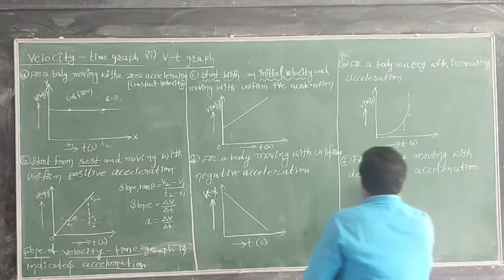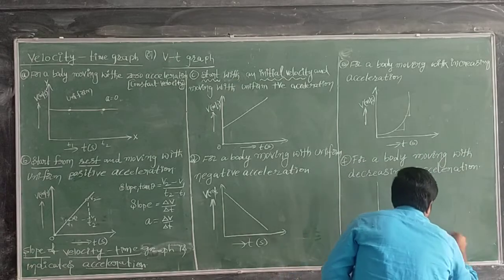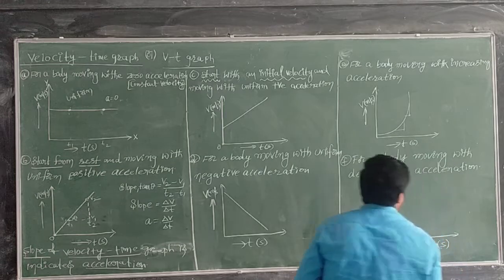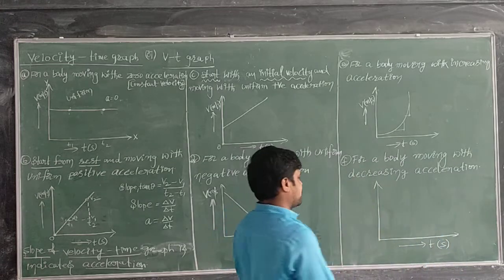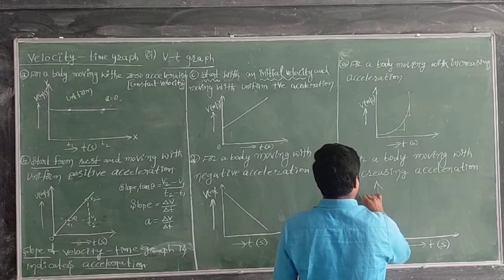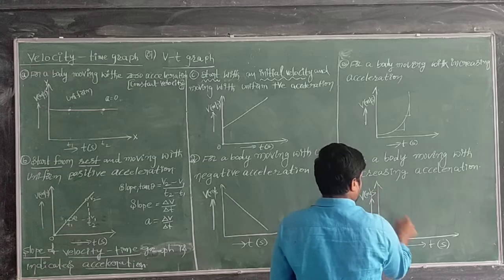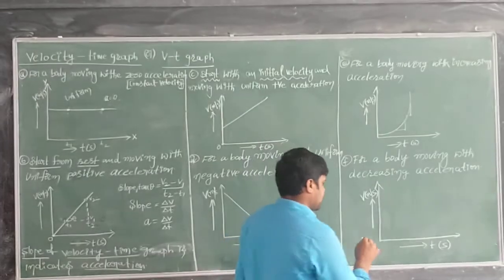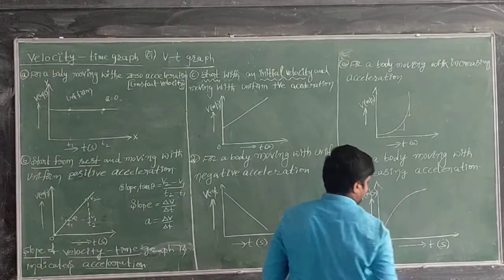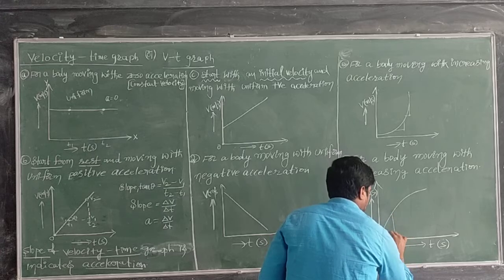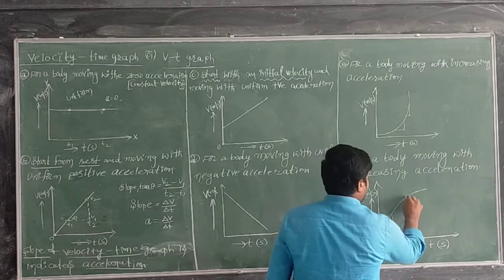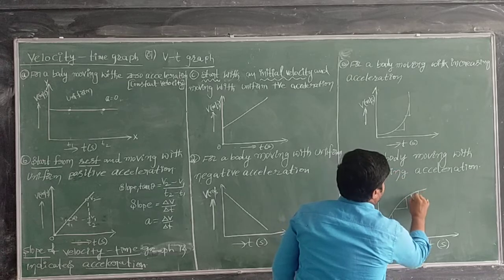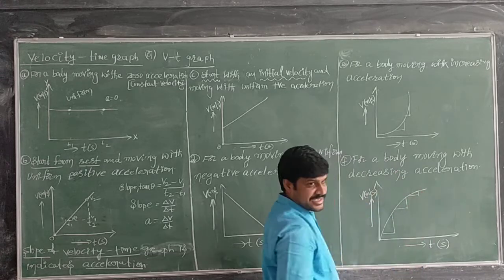Next, we have to draw the velocity time graph for a body moving with decreasing acceleration. On the x-axis I have taken time, on the y-axis velocity. If you draw the graph like this, initially the slope is maximum. Here the slope value has reduced, and still further the slope value is very less.